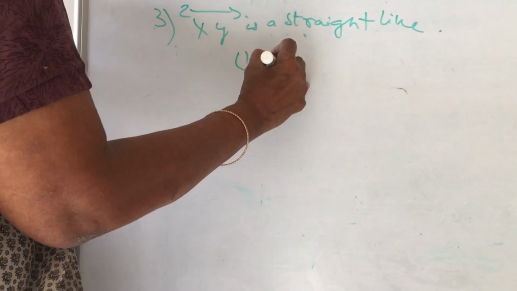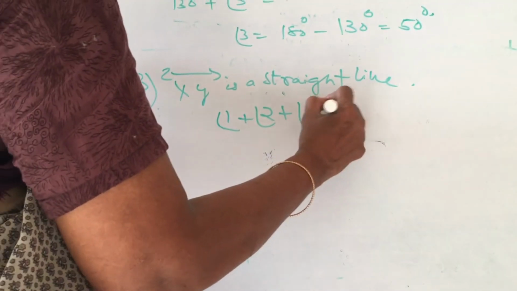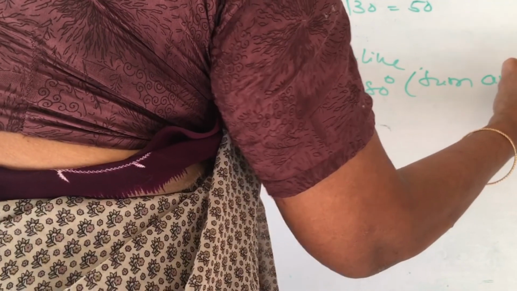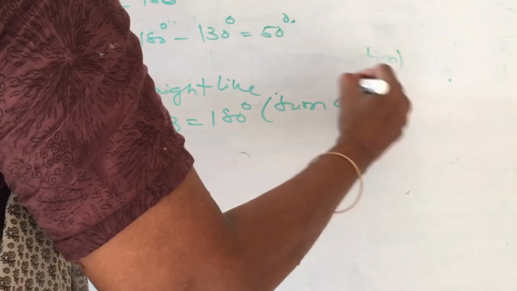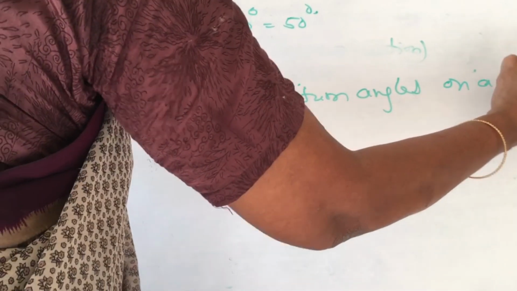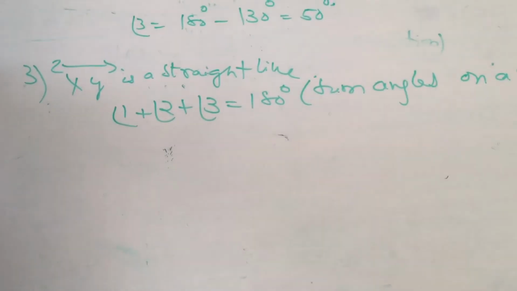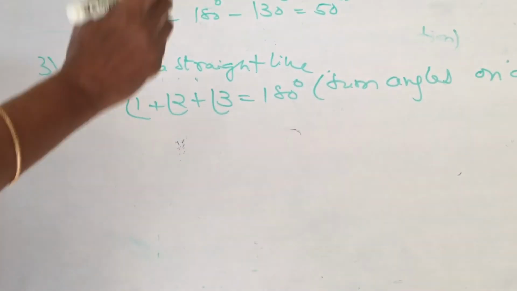Angle 1 plus angle 2 plus angle 3 is equal to 180 degrees. The reason is sum of angles on a straight line. On a straight line, whatever be the number of angles, children, their sum will be 180.